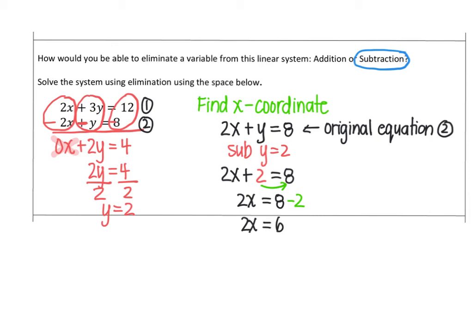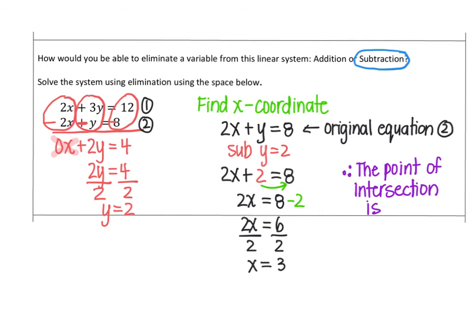In order to get x alone, we'll need to divide both sides by 2. This will leave us with x equals 3. So the x-coordinate of our point of intersection is 3, and the y is 2. So our point of intersection will be 3, 2. Again, this is the point where the two lines meet, or the solution to our linear system.